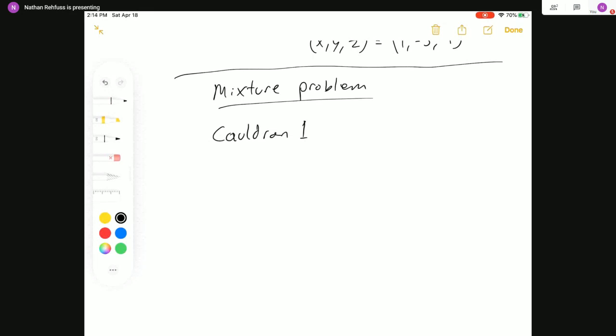Now, cauldron 1 contains 18% nickel and 82% iron. Cauldron 2 contains a mixture of 12% nickel, not mickle, nickel, and the other 88% is iron.